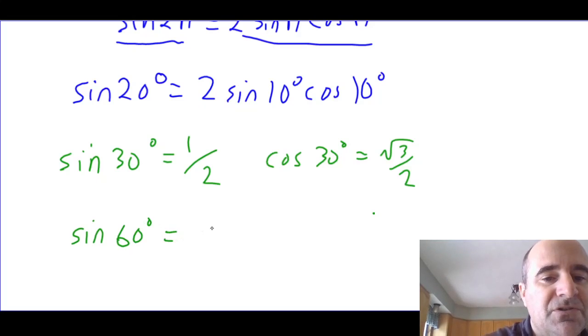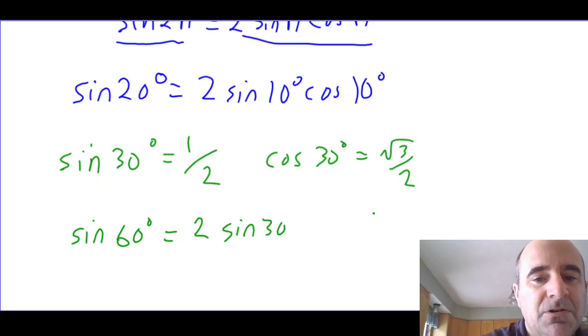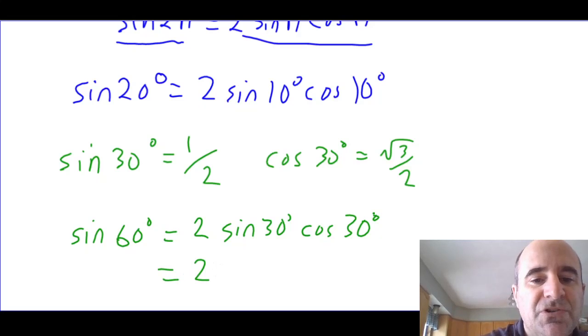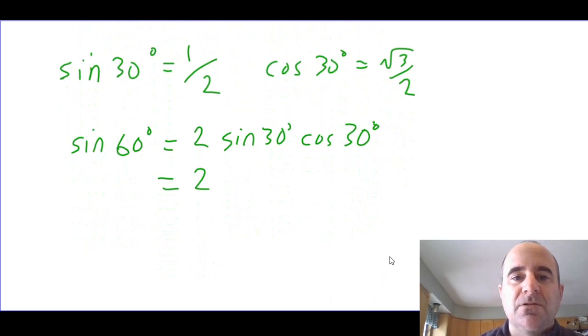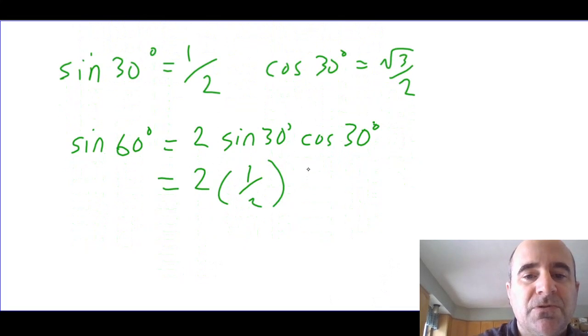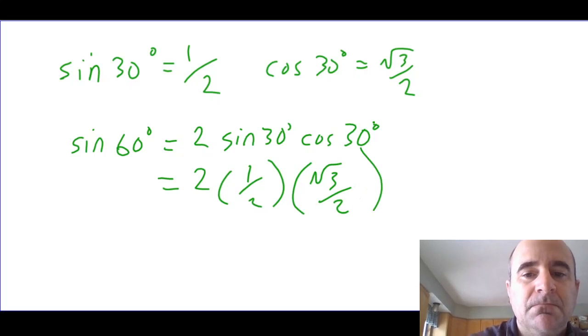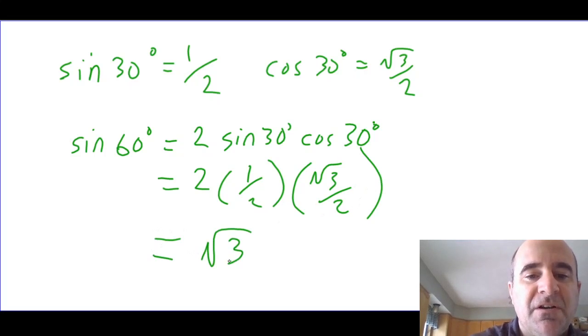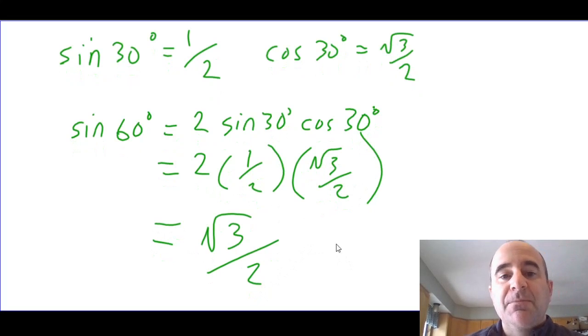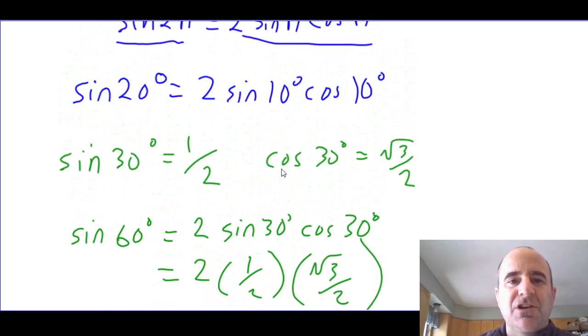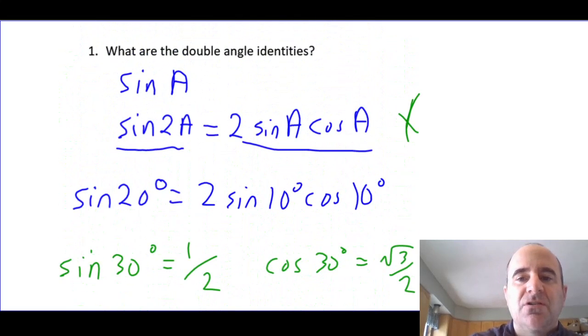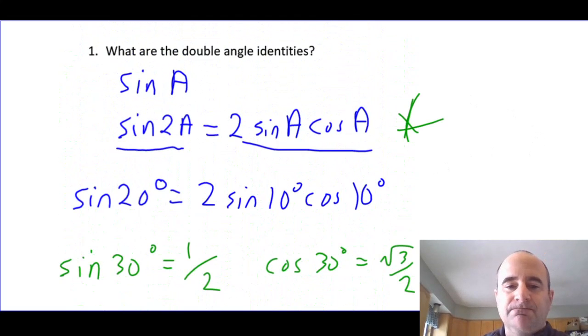Since sine of 60 degrees is 2 sine 30 cos 30 from the double angle identity, which is 2 times sine 30, 1/2, times cos 30, √3/2. 1/2 times 2 is 1, and sure enough we get √3/2. Now this is just demonstrating that the rule works. We know the sine of 60 is √3/2. We shouldn't need to use 30 degrees to calculate it, but we certainly can. Let's take a look at why this equation is true, and that's our next question.